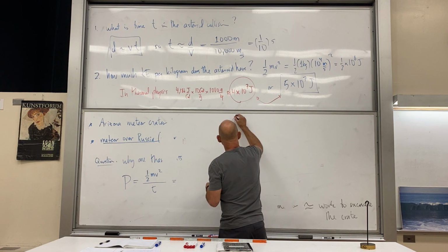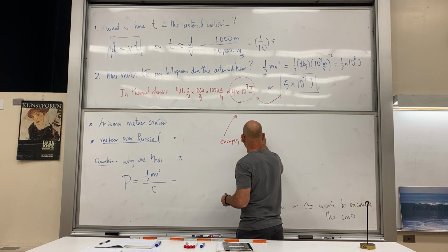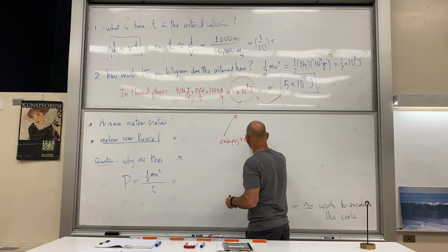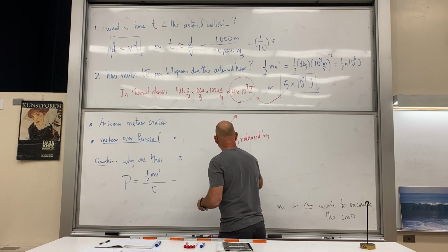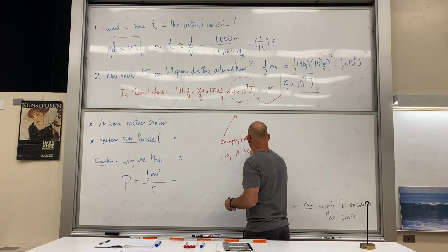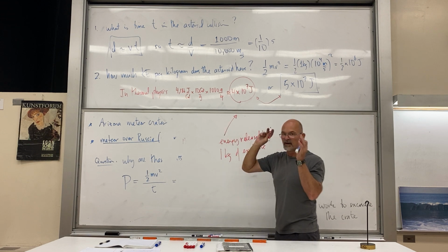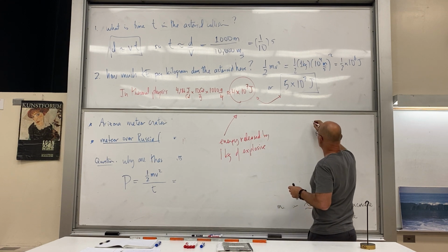This one here, that's energy released by 1 kilogram of explosive. I wrote it as calories and stuff because that's how I have it stored away. And these are approximations, but they're very good ones.